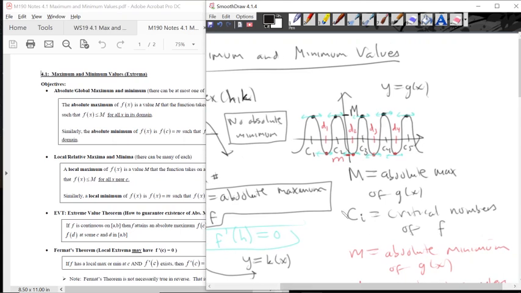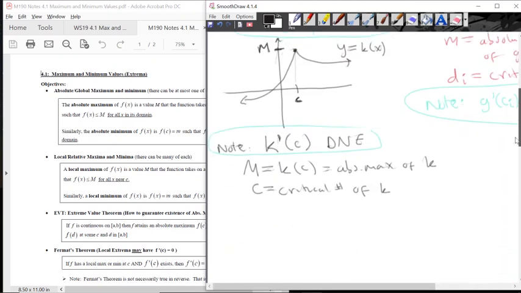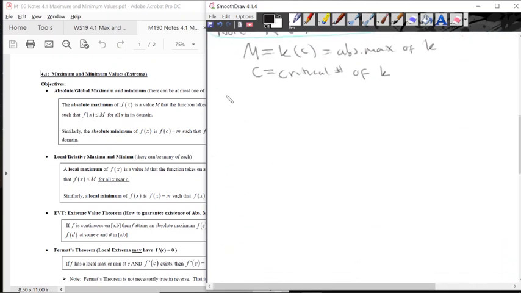Okay, so to find the absolute maximum and minimum, we are really analyzing the entire domain of the function, right? We're finding the highest possible y value for the entire function, or the lowest possible y value for the entire function. Okay. Now, before we move on to the local ones, let's consider some other possible graphs.